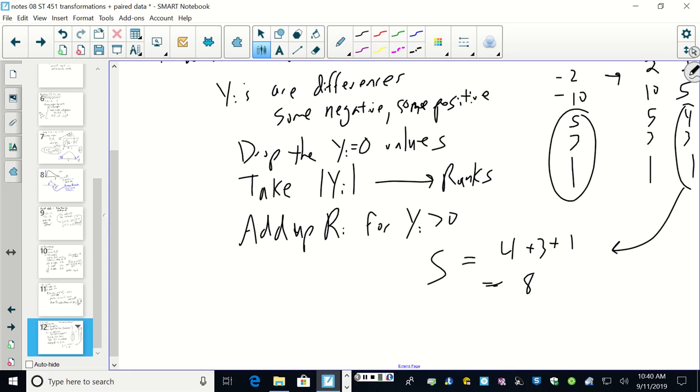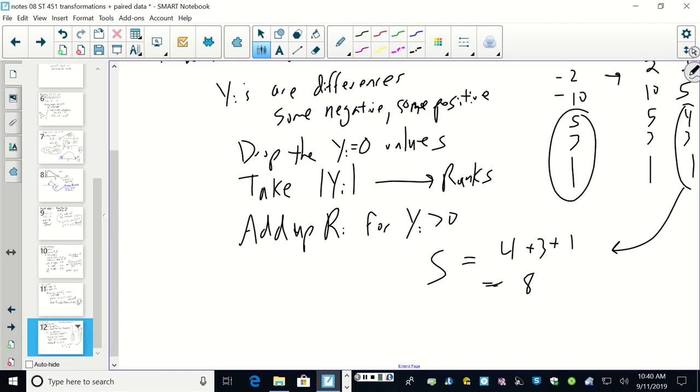If the positive values tend to be bigger away from 0, and the negative values are just barely negative, then the sum of the positive ranks is going to be really big. If they're kind of 50-50, if the small values and the big values are balanced out, then the sum is going to be kind of in the middle, split 50-50.